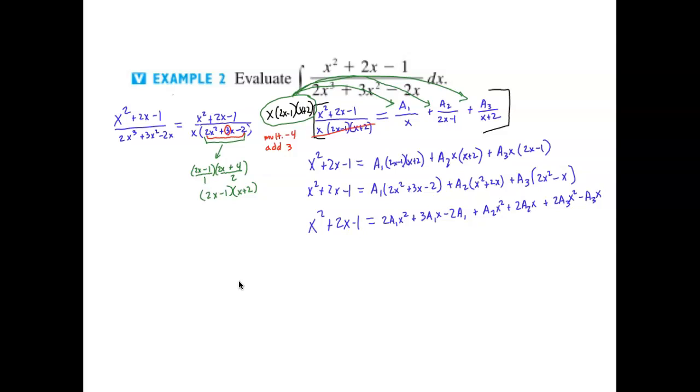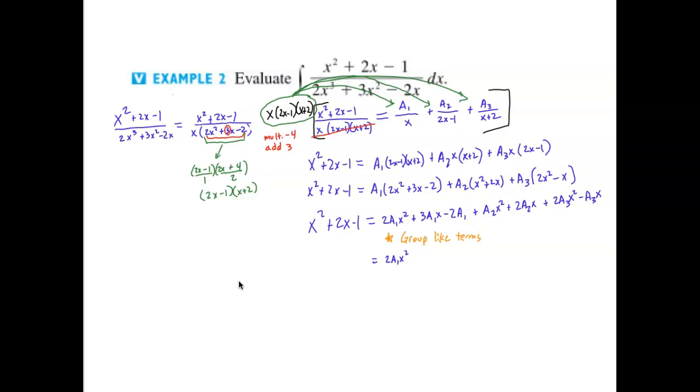Make a little note right here. Now we're going to group like terms, based on the x part of each term. So I want you to group all the x squareds together. We're just moving things around on the right-hand side. So I'll start with the x squared terms. I have 2A1 x squared.